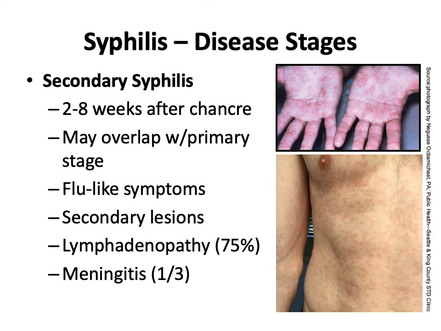Both the primary and secondary lesions contain many spirochetes and are highly infectious. Secondary manifestations usually resolve after 2 to 8 weeks. Around a third of individuals with secondary syphilis have neurological involvement, but less than 1% have meningeal symptoms. Of these, about 2% may develop an acute meningitis with neurological signs of disease.